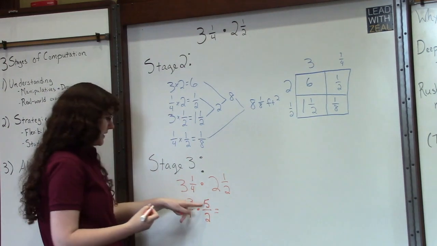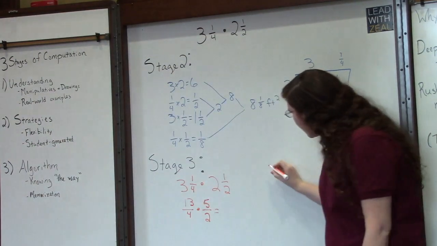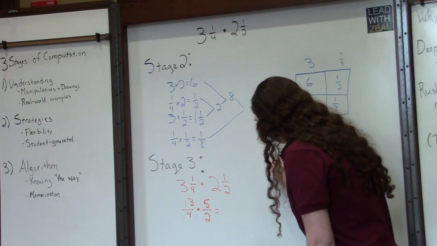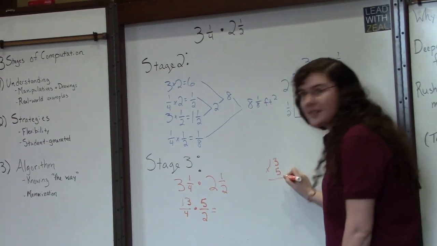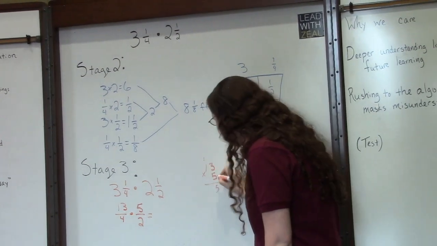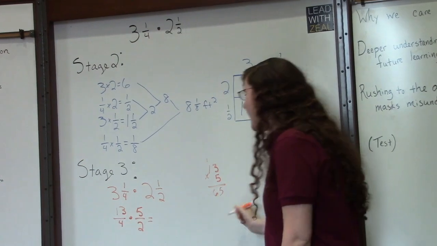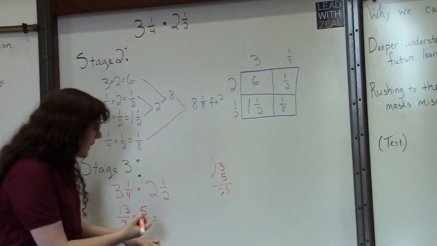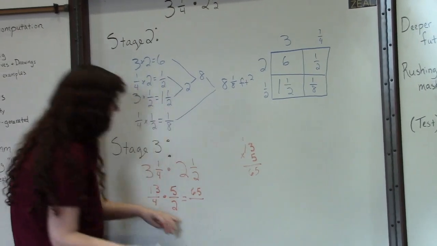So 13 times 5. Well, let's go over into a corner and let's write that 13 and put the 5 underneath it and multiply this out so you have the 5 times the 3 gets you the 15. And you carry the 1, and then you have the 5 times the 1 gets you 5 plus 1 gets you 6. And then you go back over here and you write in that that's 65 over, and then 4 times 2 gets you your 8.